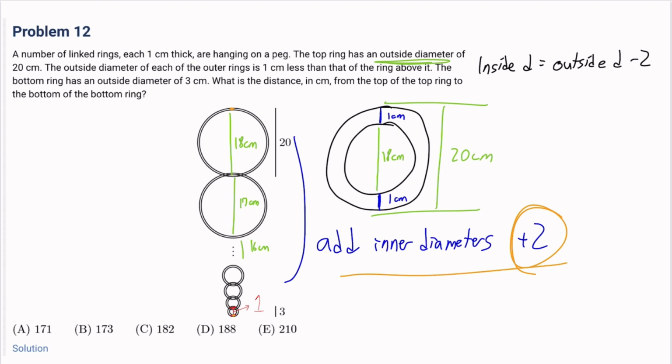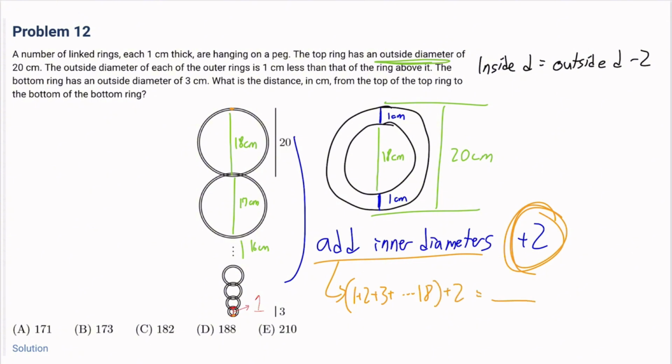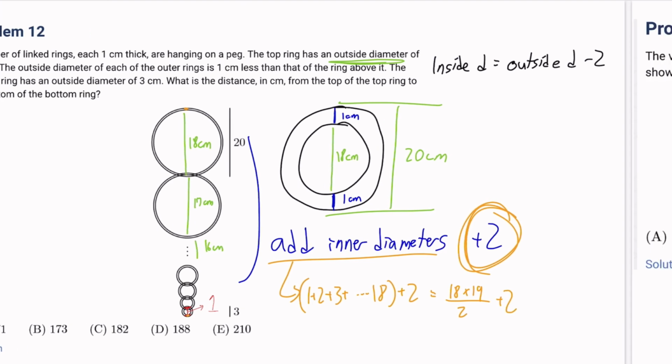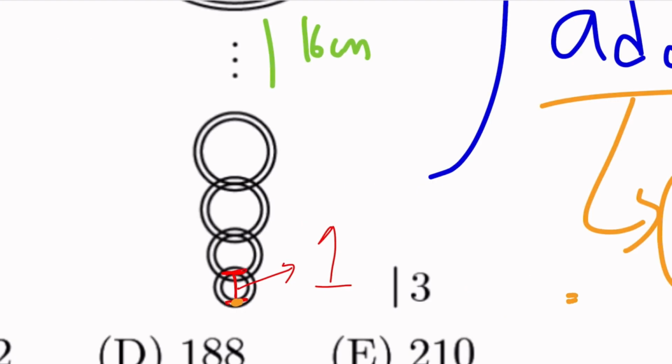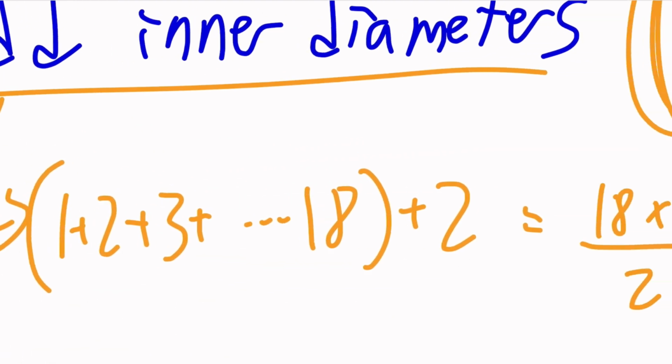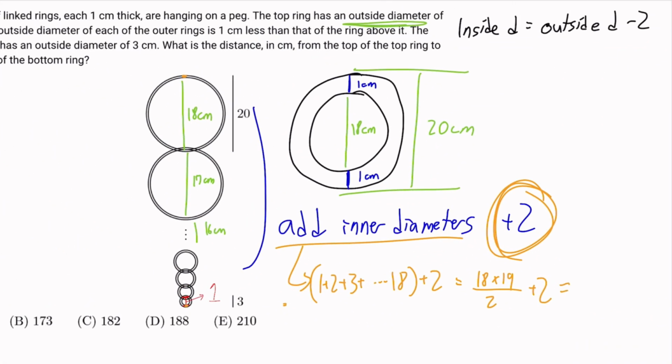And so if we do this now, this is going to be 1 plus 2 plus 3 plus all the way to 18, and then we're going to have 1 plus 2 over 2, and then 18 times 19 over 2, plus 2. So this is going to be 171. Yeah, so this is going to be 171 plus 2, right? So it's 173. So 173 is the right answer. It's B.